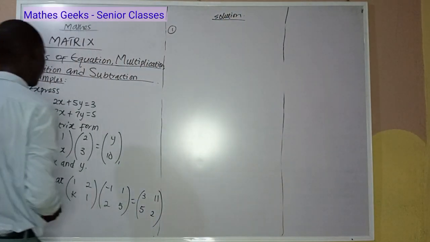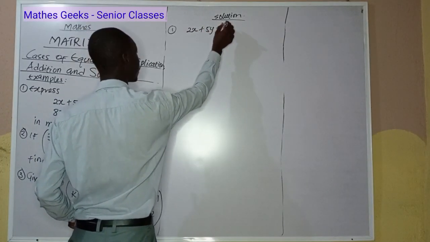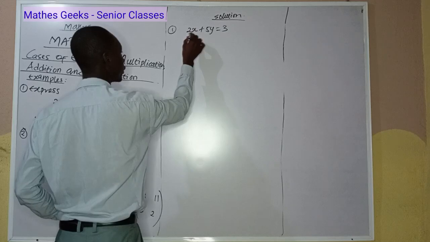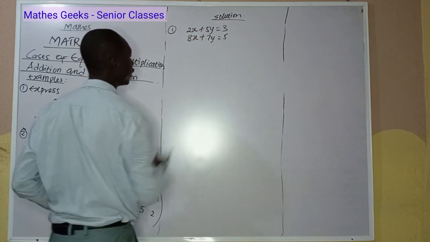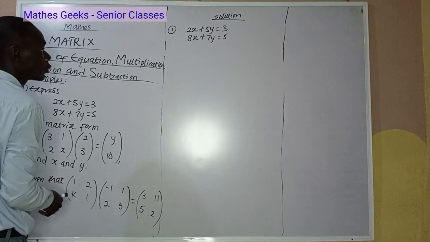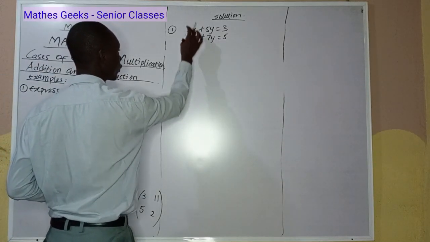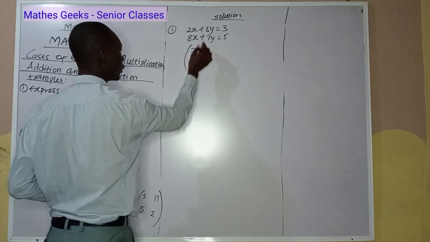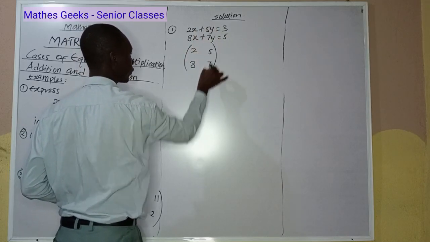Express 2x plus 5y is equal to 3 and 8x plus 7y is equal to 5 in matrix form. So to do that, we bring the rows: the first row 2, 5, the second row 8, 7.